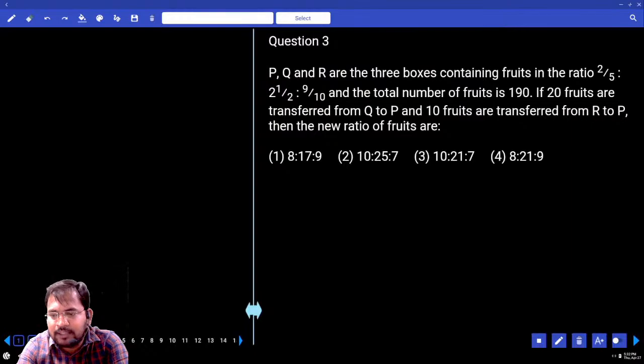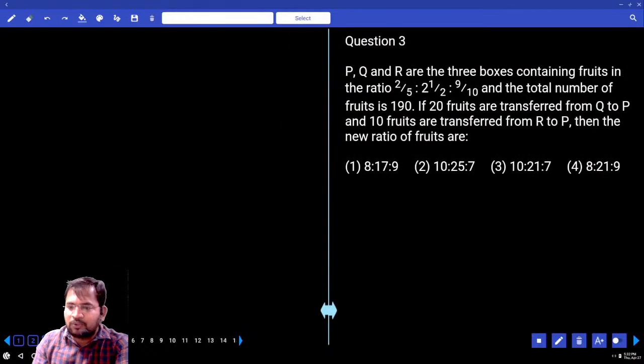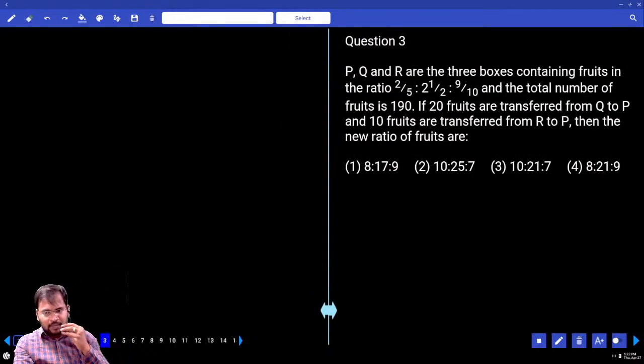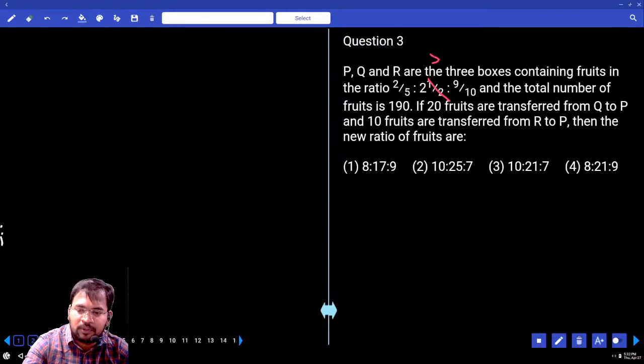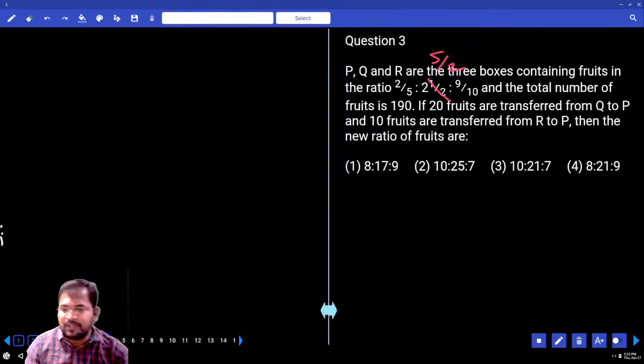P, Q, R are three boxes containing fruit in the ratio 2 by 5 is to 5 by 2 is to 9 by 10, and the total number of fruits is 190. If 20 fruits are transferred from Q to P and 10 fruits are transferred from R to P, find the new ratio of fruits. So 2 by 5, 5 by 2, 9 by 10. The LCM of the denominators is 10. Multiply each term with 10.